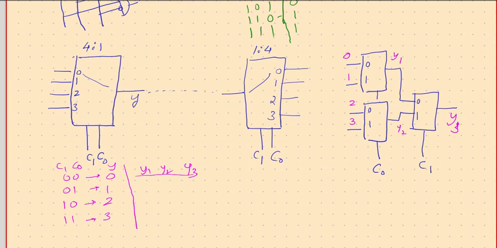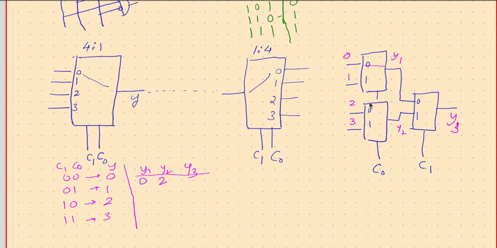Let's check out. When C0 is 0, this 0 line is connected here, this 0 line is connected here, that means 0 comes to Y1, 2 comes to Y2. And C1 is also 0, that means 0 is connected here.